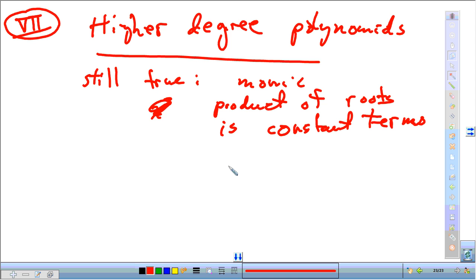So even though it was higher degree, we might be able to come up with possible roots to check.